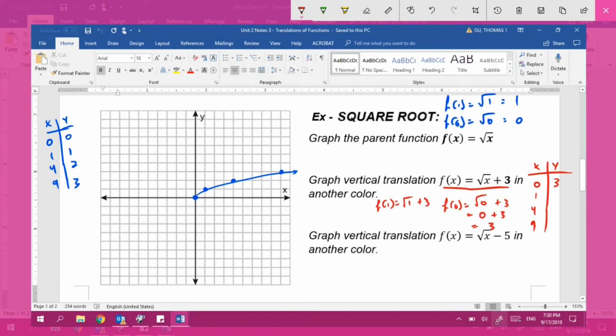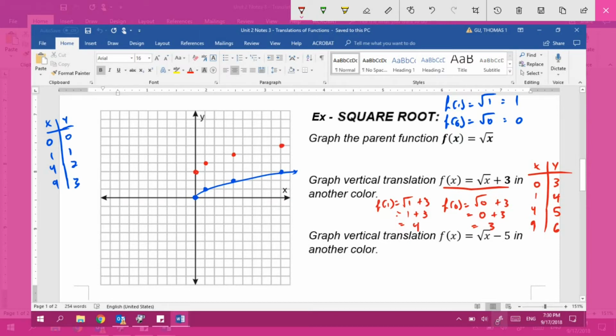What's the square root of 1? That's going to be 1. 1 plus 3 equals 4, so it'd be 4 over here. So then f of 4 would be 5, and f of 9 would be 6. So these are our new points. 0, 3, 1, 4, 4, 5, and 9, 6.